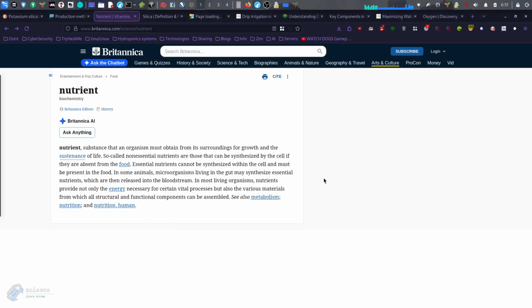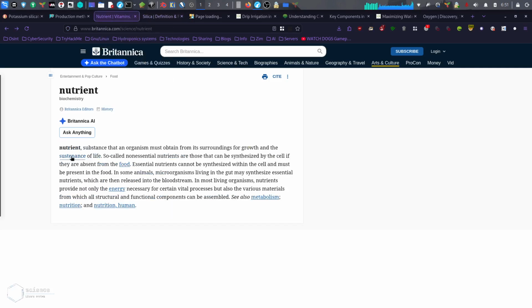Let's learn nutrients. But first, what does the term nutrients mean in the dictionary? Nutrient: a substance that an organism, like a plant, must obtain from its surroundings for growth and the sustenance of life.